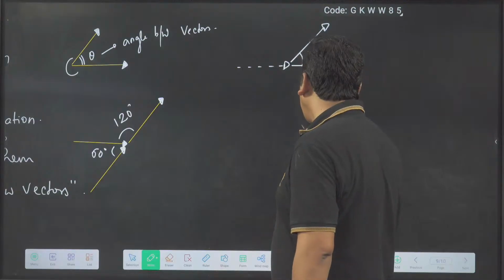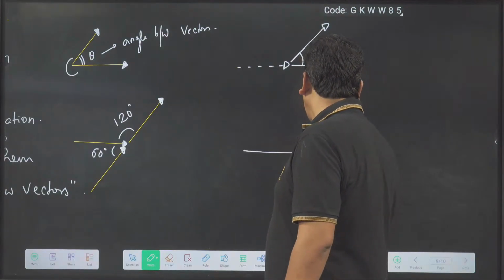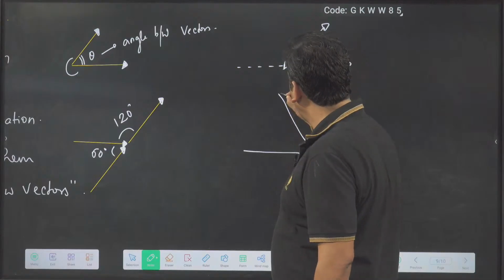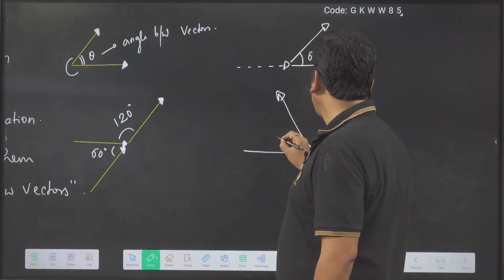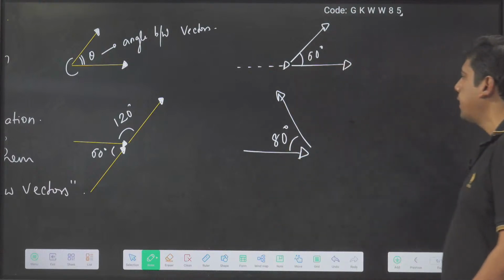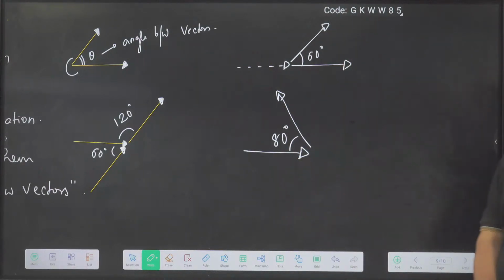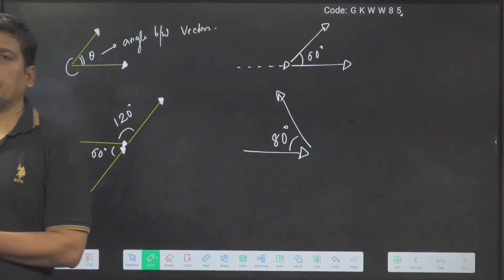Okay. Similarly, let's say this is 80 degrees. What is the angle between the vectors?